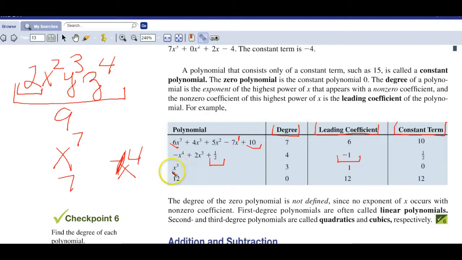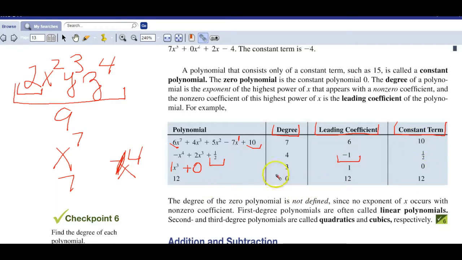So here the degree is 3. Again, we don't write the 1, but that would be our leading coefficient. And there is no constant term. They're saying there is none, so it's like 0. Again, 0 doesn't have any value. And then 12, there is no degree. The degree is 0. Leading is 12, and the constant is 12.